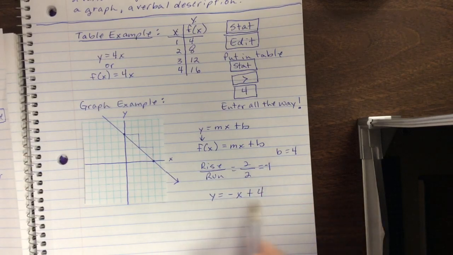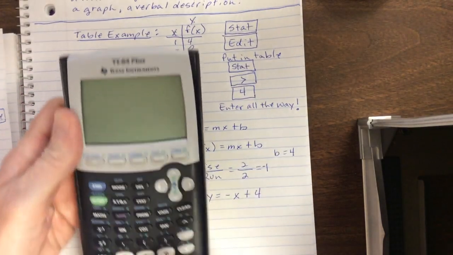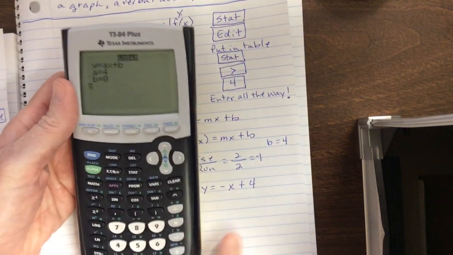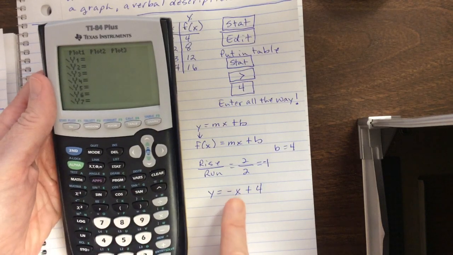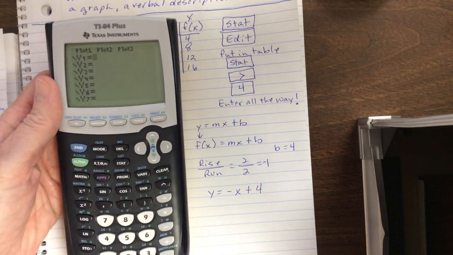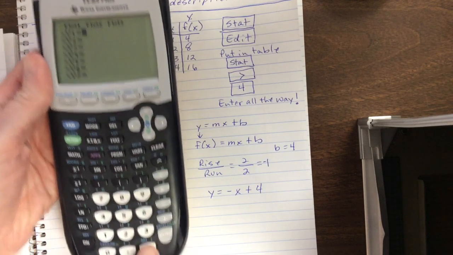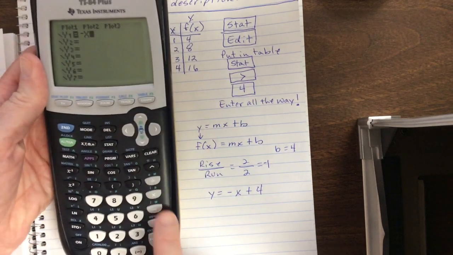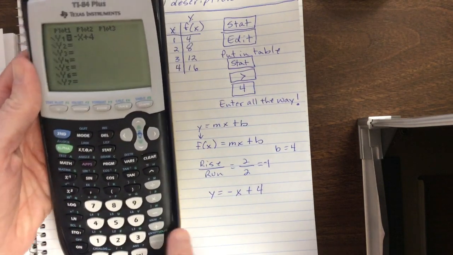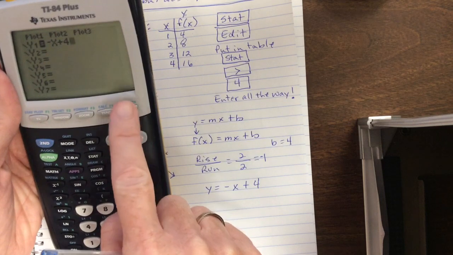And if you have your list of answers, you can always use your calculator by doing this. You can hit y equals, and you can put this in your calculator. So you're going to put in negative, right here, -x plus 4. And then you're just going to hit graph right here.